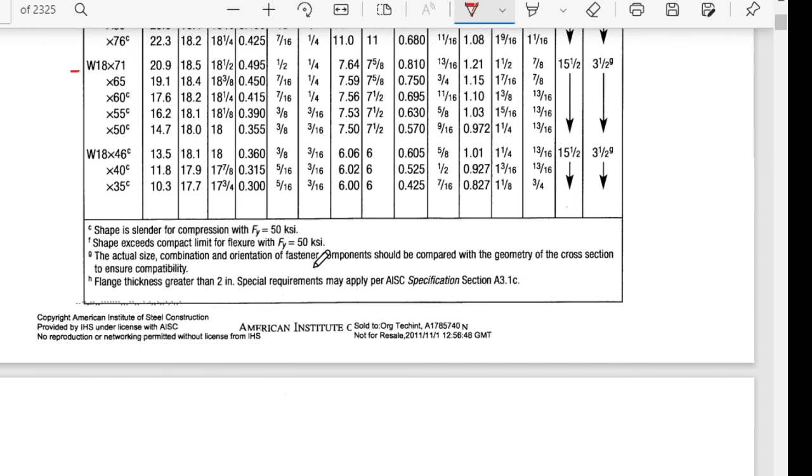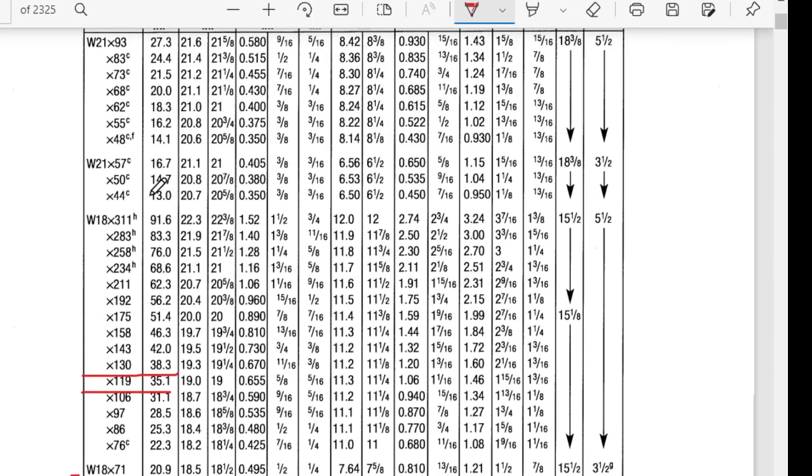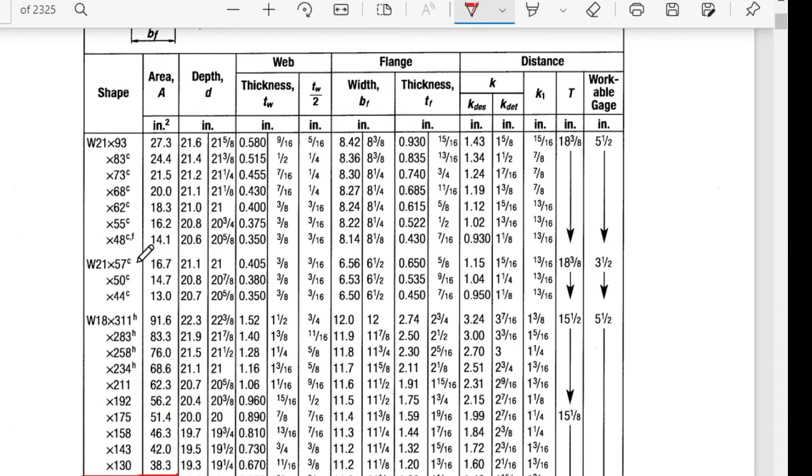There are footnotes C, F, G, and H, but if it has a small c, it is slender and you have to evaluate local stability, which is an issue for sections with that footnote.